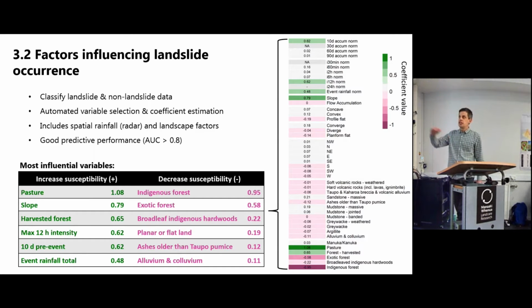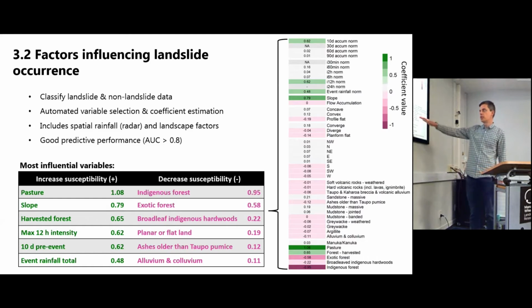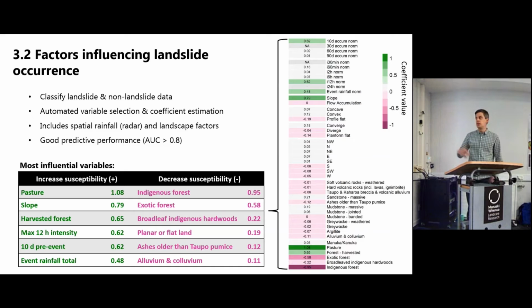But what's interesting is just below those landscape factors, we see certain rainfall variables coming through, like the maximum 12-hour rainfall intensity or the 10-day pre-event accumulation, so that 10 days prior to the event, and its influence on susceptibility in terms of antecedent moisture. Conversely, we saw a very strong effect of indigenous forests in reducing susceptibility, but also exotic forests and broadleaf indigenous hardwoods, mapped from LCB, as having an influence to reduce susceptibility.